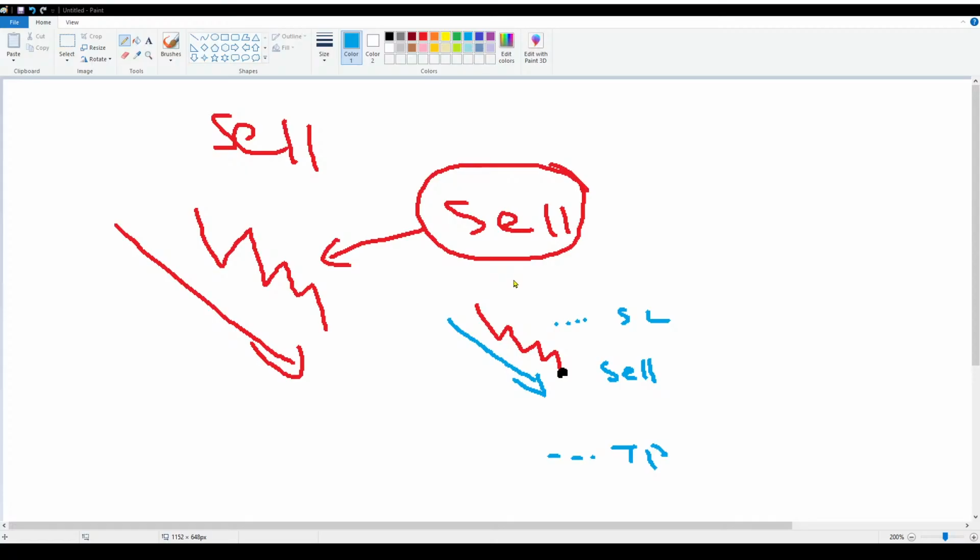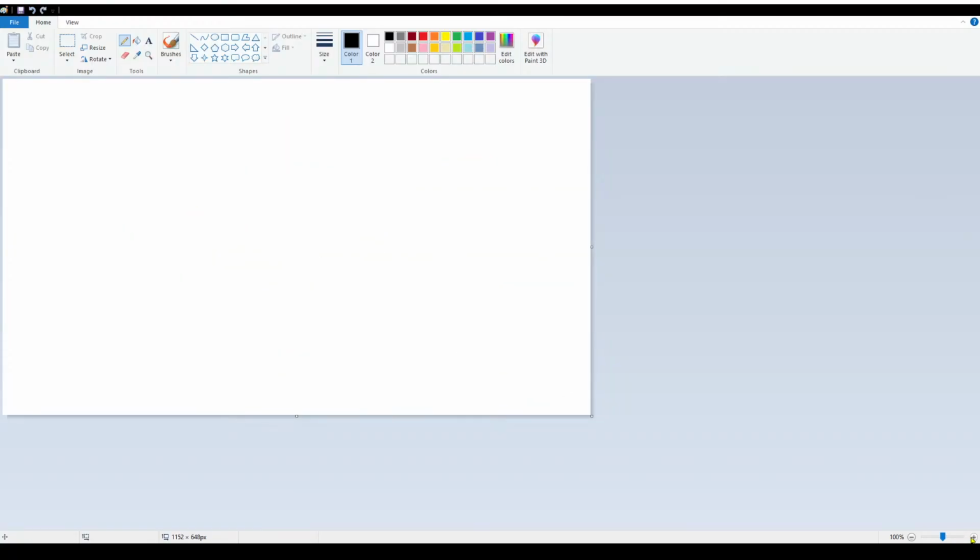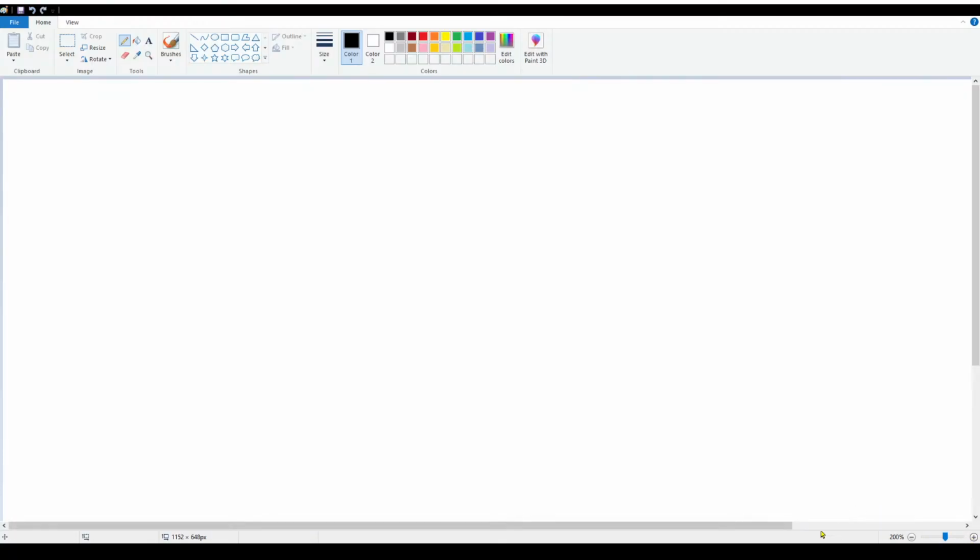So when we are looking for good trades or the better trades, we want trades which are in a trending environment, right? We want markets that are trending, not markets that are moving sideways. So just keep that in mind, guys. A sideways market looks like this.